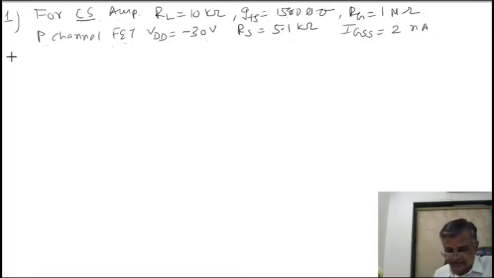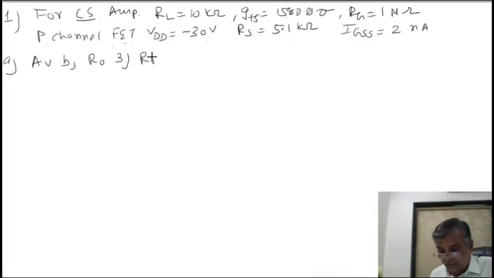The questions they are asking: First, find the value of voltage gain. Second, find the value of output resistance. Third, find the value of the input resistance. Fourth, find the value of the overall input resistance, RI dash.